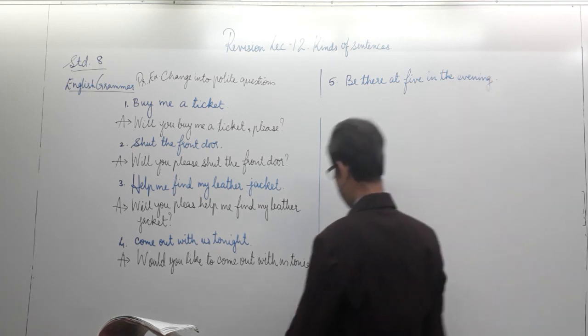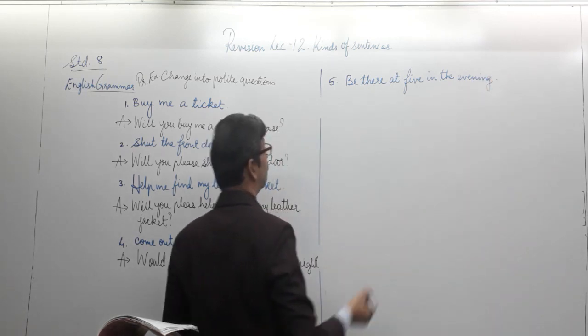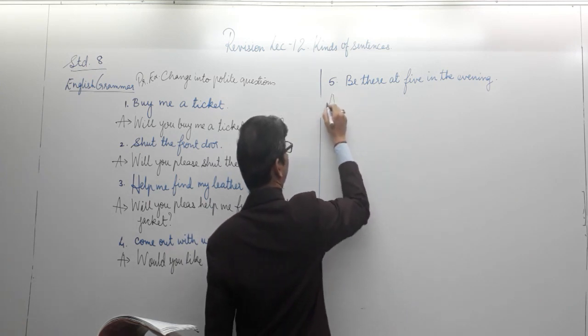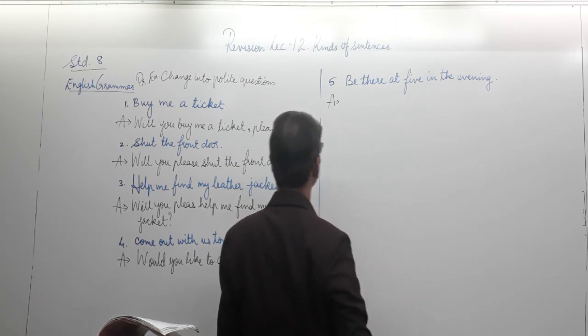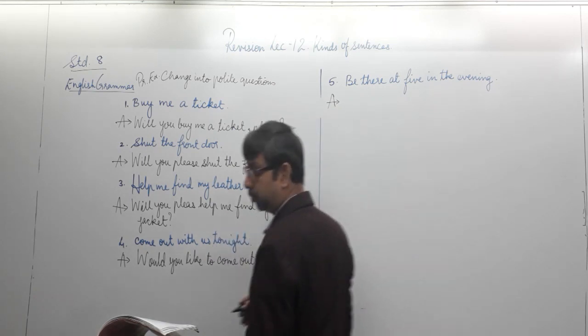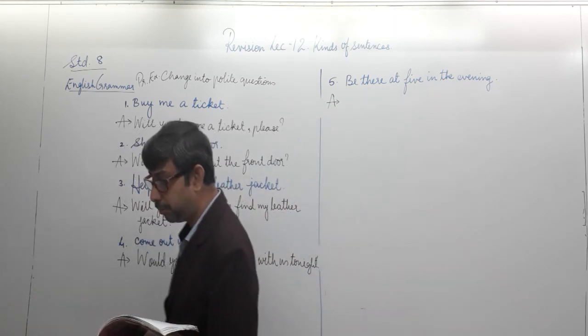So a strong command will be transformed, changing it into a polite question. The same thing can be said in a very polite question or can be asked in a polite manner. Will you please be there at 5 in the evening?